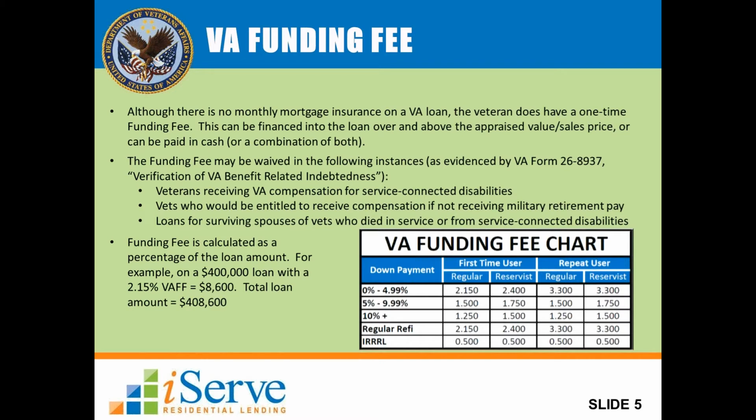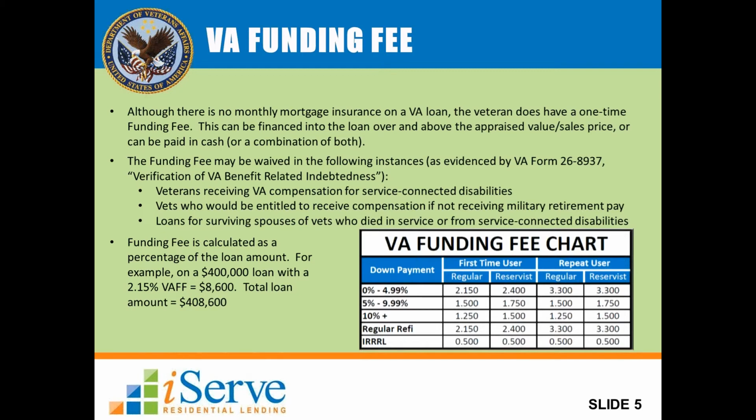There are certain instances where the VA funding fee may be waived. We're going to get a form called the Verification of VA Benefit-Related Indebtedness, love those long form names, or the 8937, and that's going to give us VA's final determination as far as whether they're exempt from the funding fee.